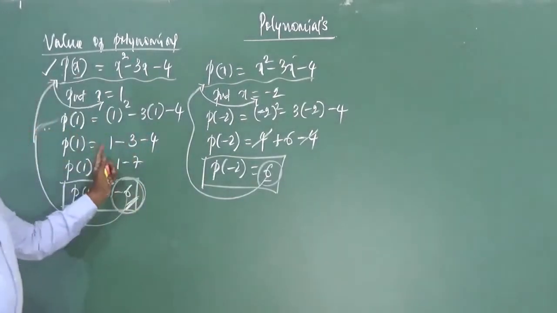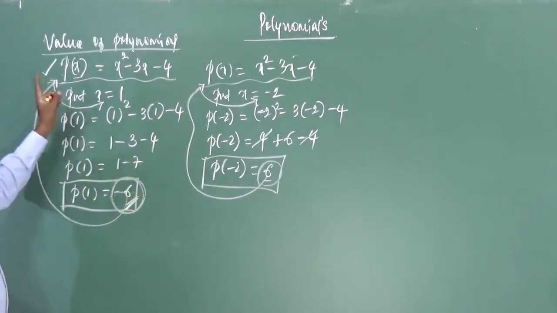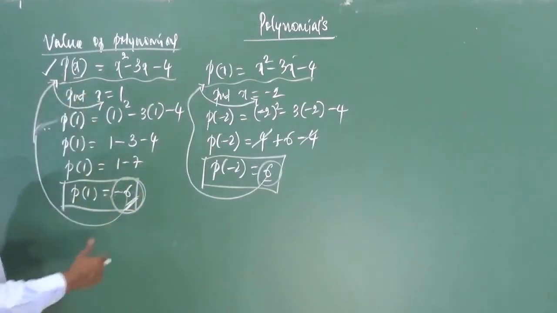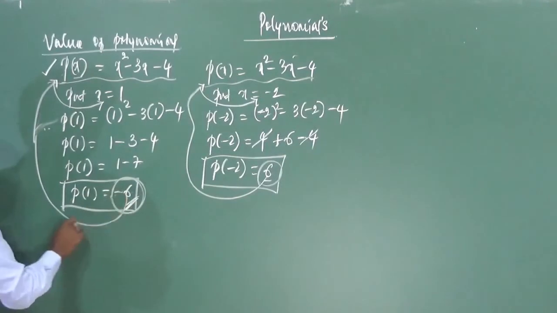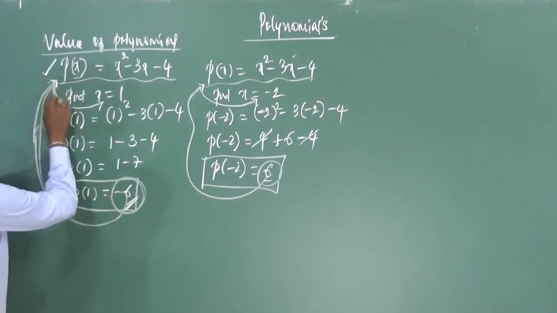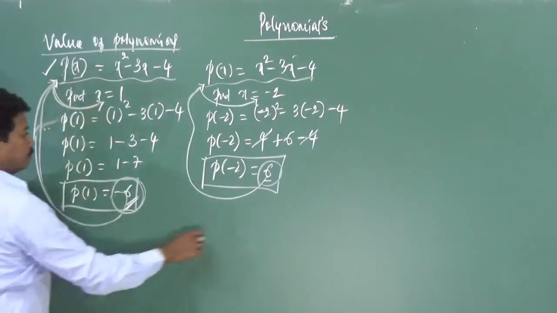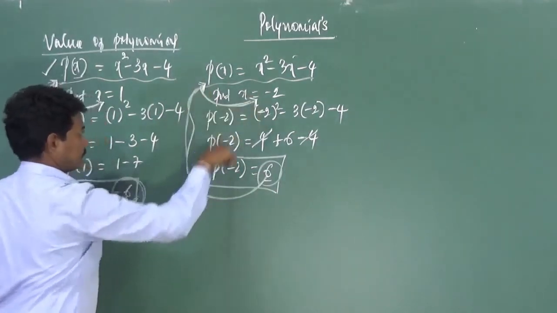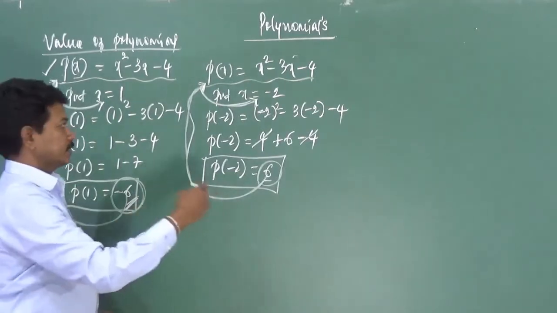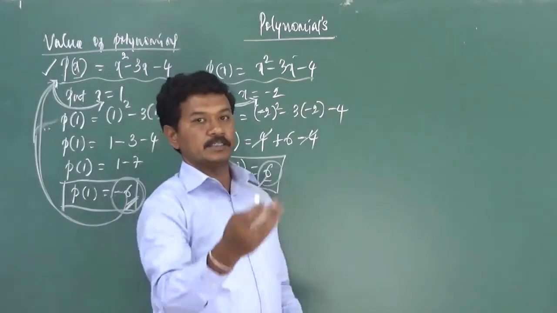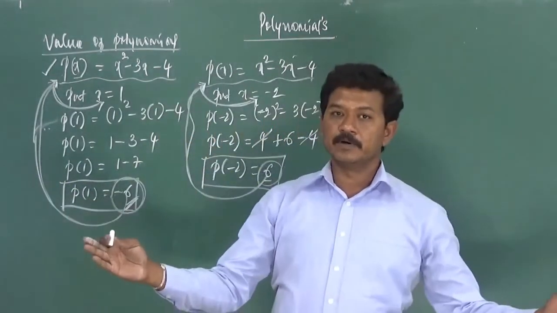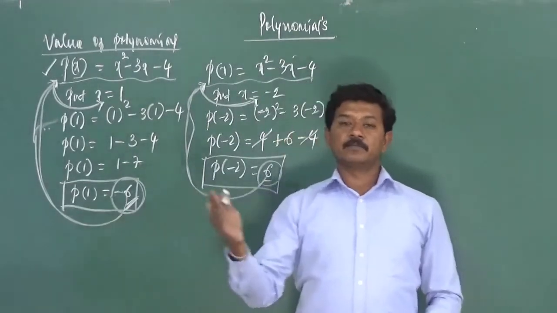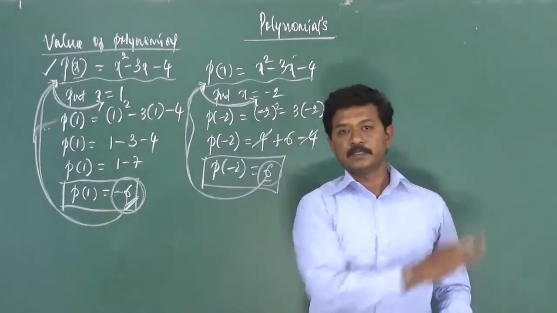So this is how it comes. This is a very simple thing, the value of a polynomial. So once again, minus 6 is the value of this polynomial when x is equal to 1. Plus 6 is the value of this polynomial when x is equal to minus 2. So therefore, as we go on giving different real number values for x, the value of the polynomial continuously goes on changing.